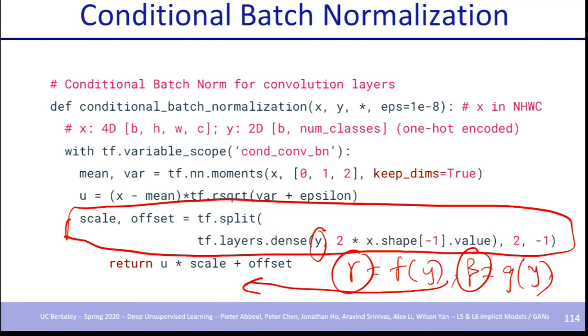So this way, you're fusing in information of your class variable at every single batch norm layer in your generator. And therefore, this is much better than just feeding your class variable right in the beginning and not doing anything about it at all. This way, your generator is really aware of what class it's trying to generate, and it's adjusting the statistics at every layer to make sure it produces an image of that class.